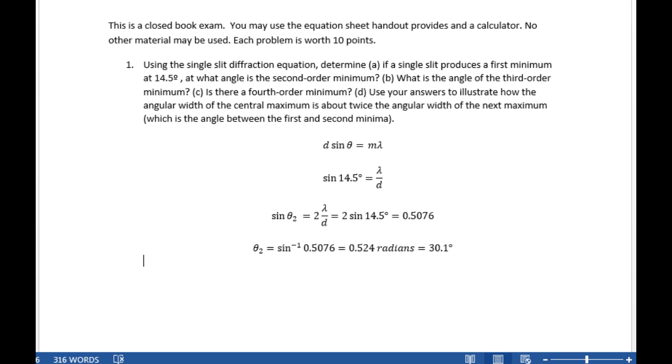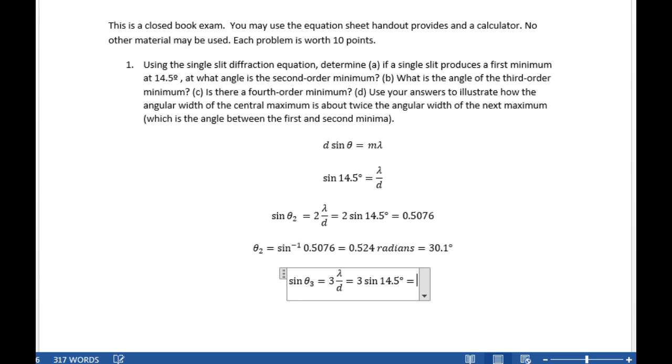Part B, what is the angle of the third order minimum? So for the third order minimum, we of course just have sine of theta 3 equals 3 times lambda over d, equals 3 times the sine of 14.5 degrees.